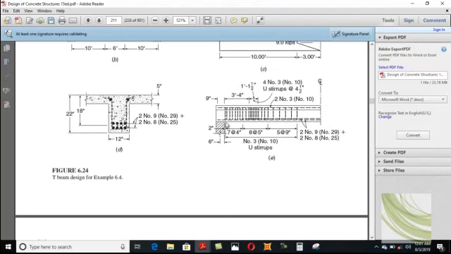Although they continued it for a distance of 6 inch, they continue the cutoff. The bottom layer of bars, you see here, this dotted line, is continued for a distance of 6 inch, but as well it is continued away from the center line for a distance of 3 inch.